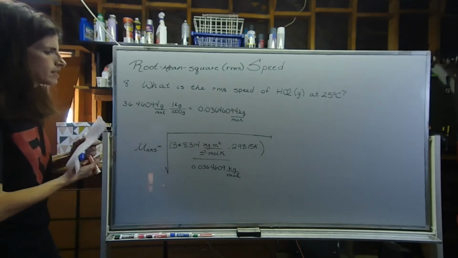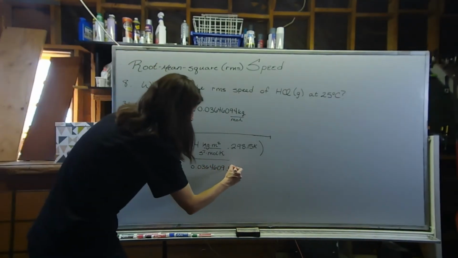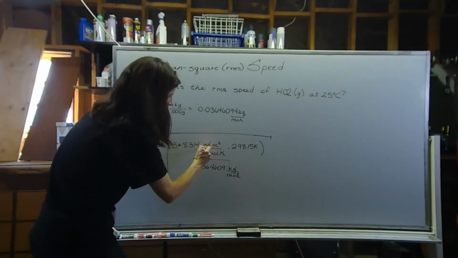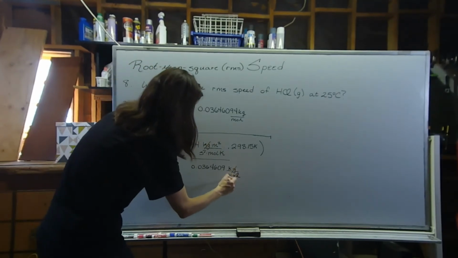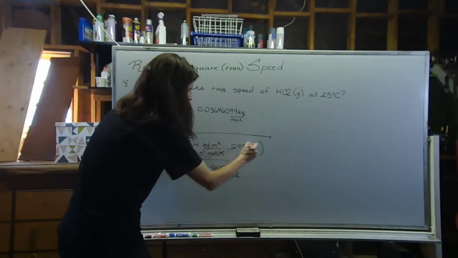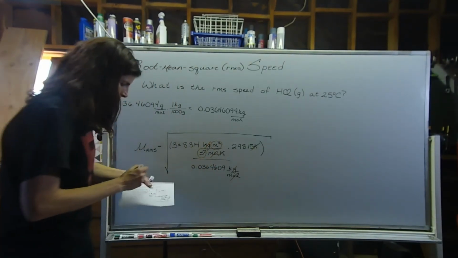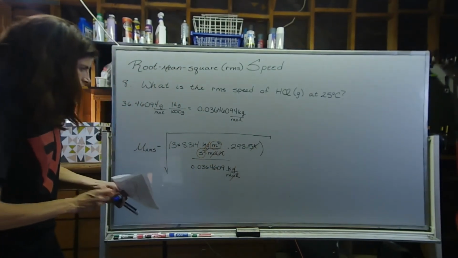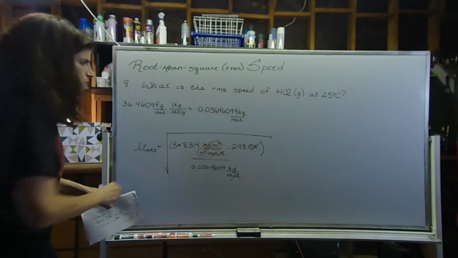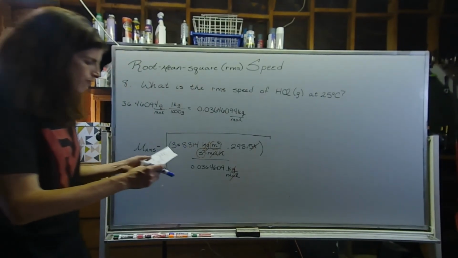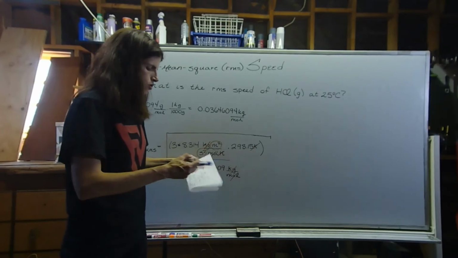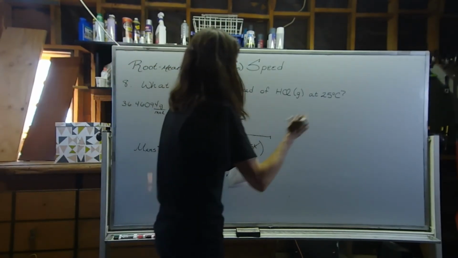Let's see how everything's canceling. So kilograms will cancel kilograms, moles with moles, Kelvin with Kelvin. And at this point, I'm left with meters squared over seconds squared. So if I multiply and divide, I'll do it in 2 steps, just in case you want to verify your numbers here.